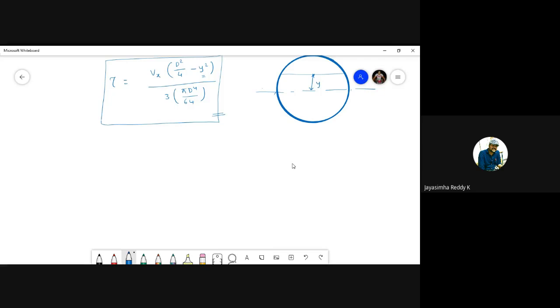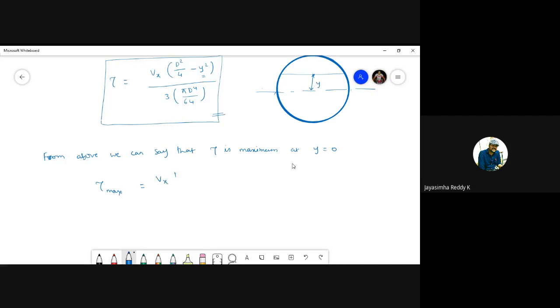So from the above we can directly say that tau is maximum at y is equal to 0. So if you substitute y is equal to 0, what does tau max become, students?